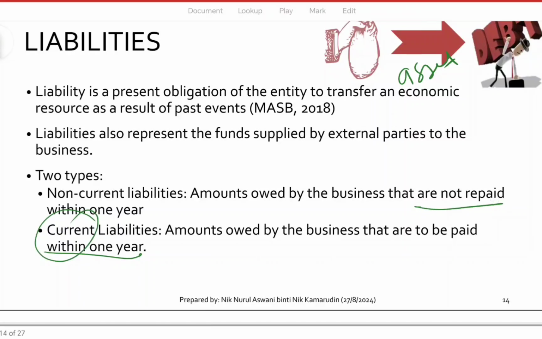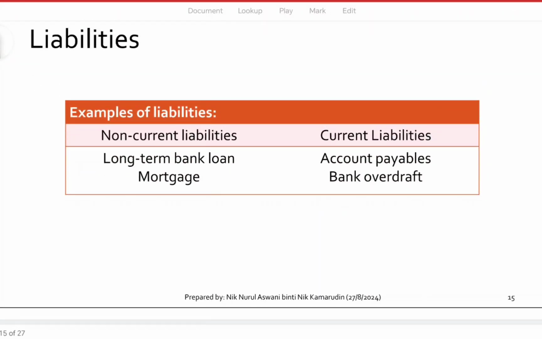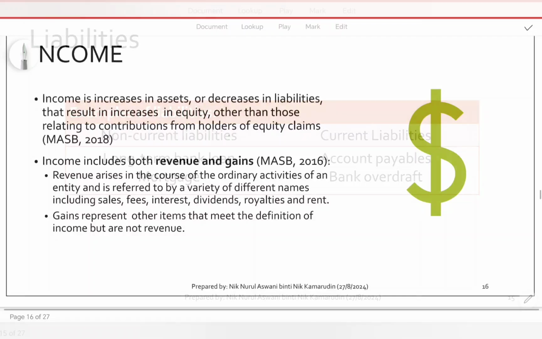If it is not repaid within 1 year, meaning more than 1 year, then it falls under the category of non-current liabilities. For non-current liabilities, common examples are long-term bank loan and long-term mortgage. For current liabilities, common examples are accounts payable and bank overdraft.